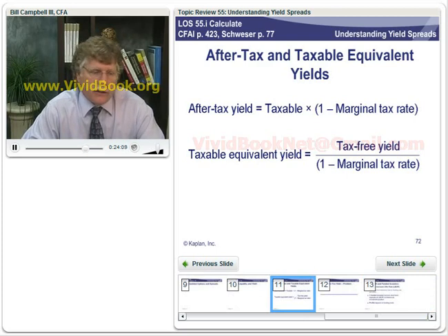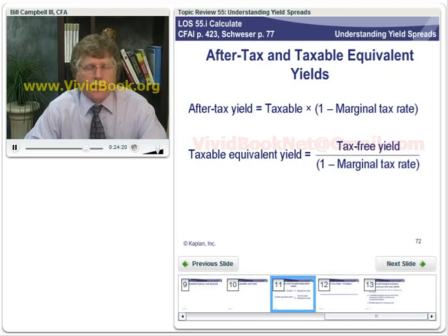So if you have a taxable yield and you want to know what your after-tax yield is, then you take the taxable yield. Let's say you have a bond that's paying 6%, but it's taxable. So you take that 6% yield and you multiply it by 1 minus the marginal tax rate. Remember, you use the marginal tax rate, not the average tax rate. On an exam problem, they could easily give you both the marginal rate and the average rate.